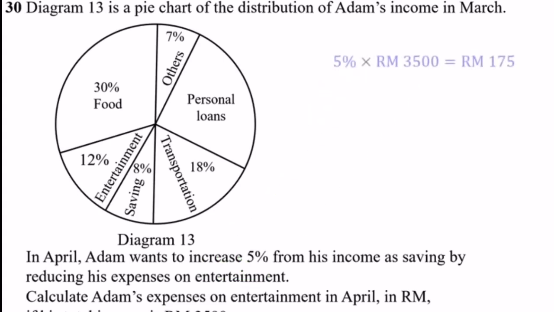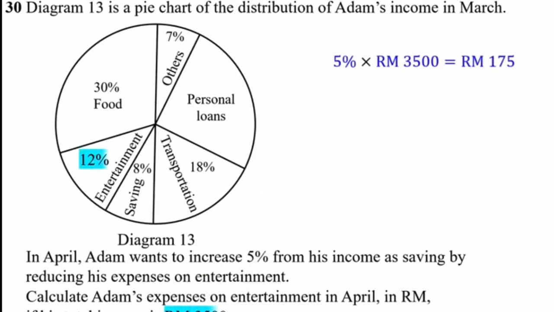So 5% times Ringgit Malaysia 3,500 is equivalent to 175 ringgit. So that means Adam will try to increase 175 ringgit for his saving.